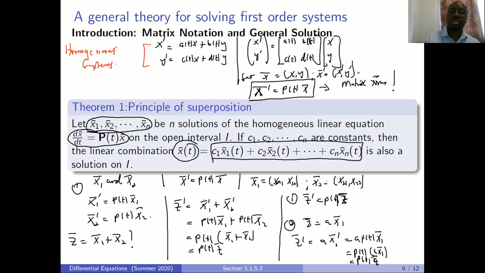If we have a system of three equations, the solution space is a three-dimensional vector space. And what does that mean? It means that if it's a two-dimensional vector space, to represent any element of the solution set we need two linearly independent vectors. If it's a three-dimensional vector space, we need three linearly independent vectors to be able to write down any solution of the homogeneous system. And that is how we describe the general solution.